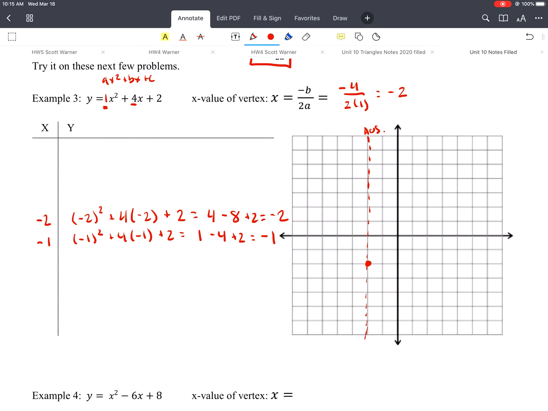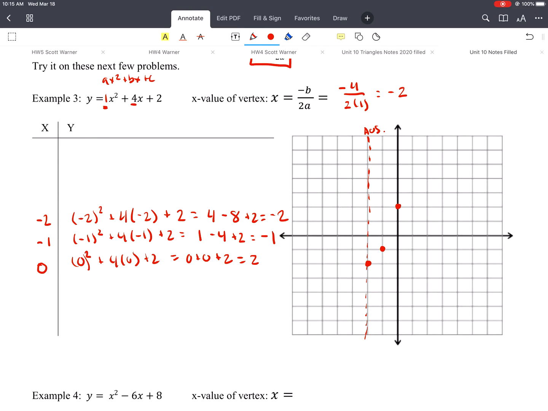So at negative 1, it's negative 1. Okay? And then we could do, I guess it'd just be 0. Let's do 0 next. So 0 squared plus 4 times 0 plus 2. Okay? That will give us 0 plus 0 plus 2, which is 2.